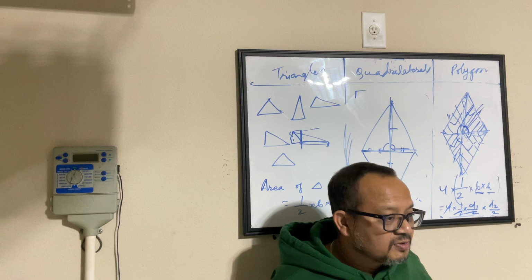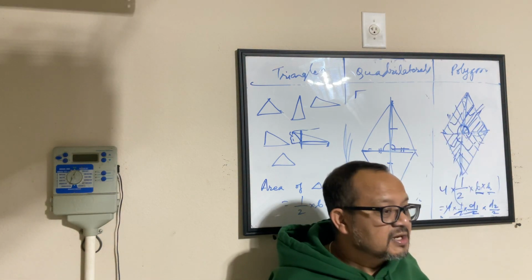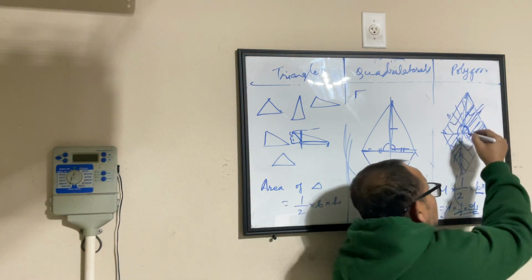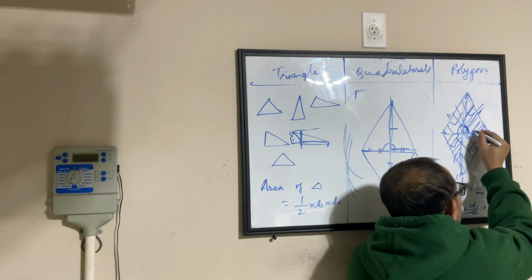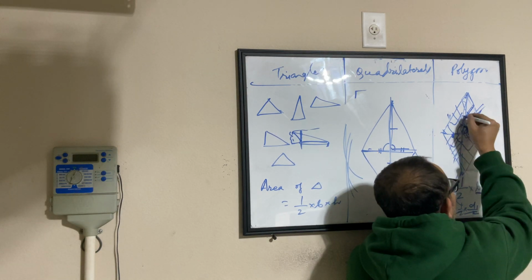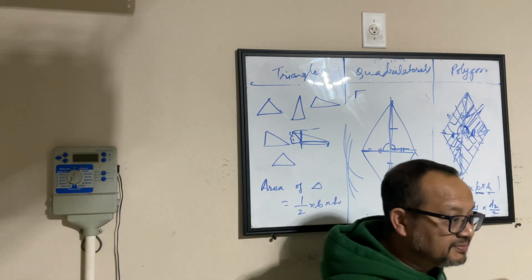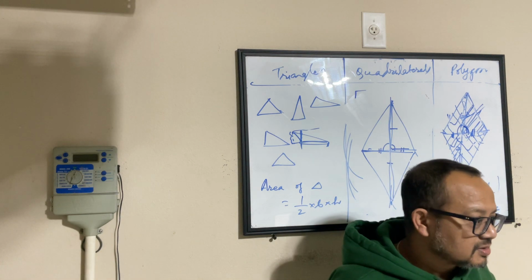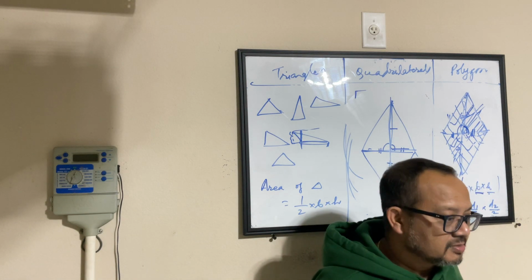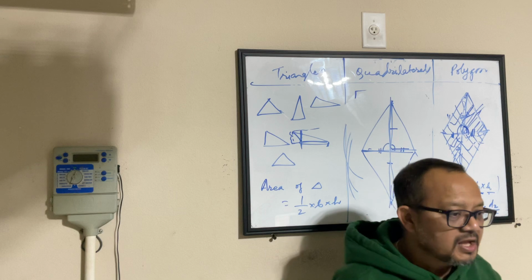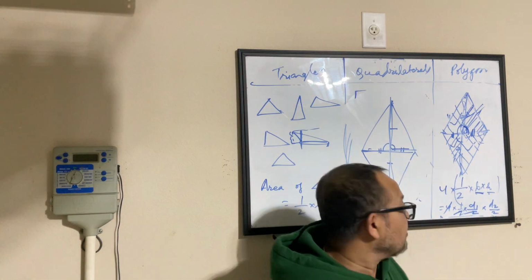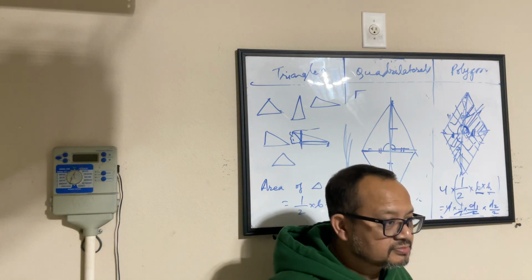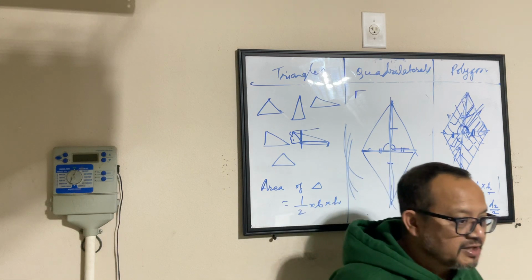Meaning any rhombus, if you pick one up blindly and join the opposite corners, you will see that they meet at 90 degrees and this side is equal to this side is equal to this side. So the formula is just d1 times d2 by 2. So that is how the area of a rhombus is d1 into d2 by 2. Everybody with me?